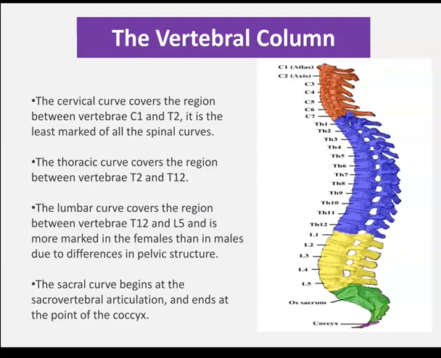Next one is the lumbar curve that covers the region between the vertebrae T12 and L5 and it appears in yellow color. The next one is the sacral curve, which begins at the sacrovertebral articulation and ends at the point of the coccyx, which appears in green shade.